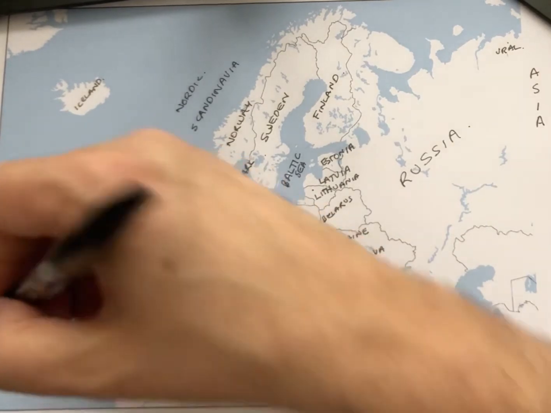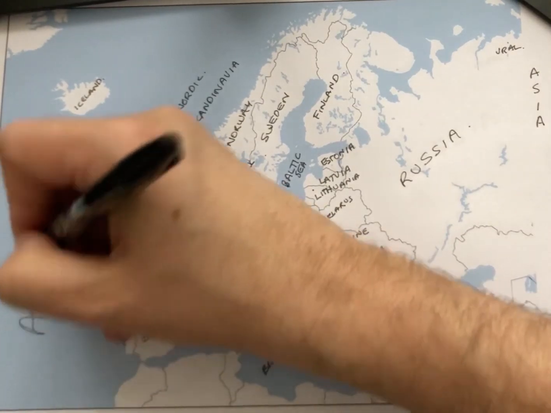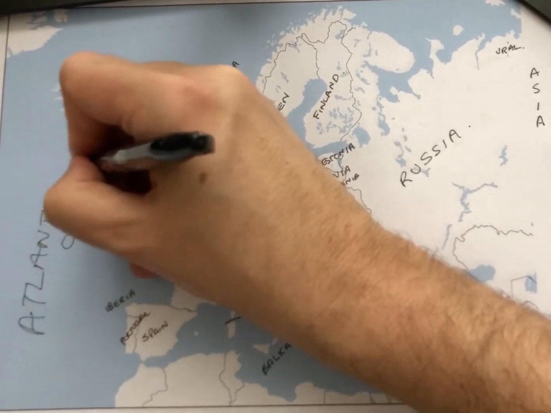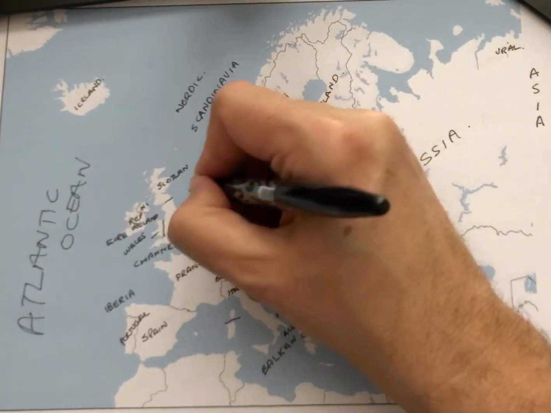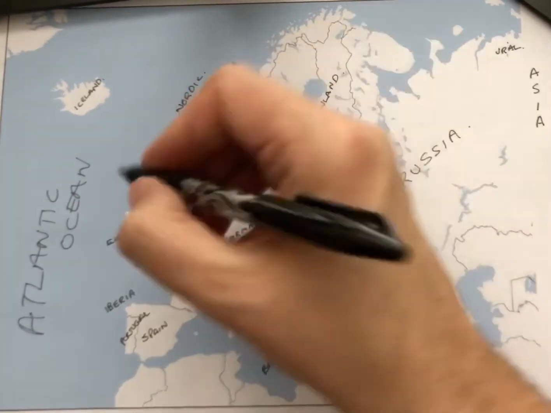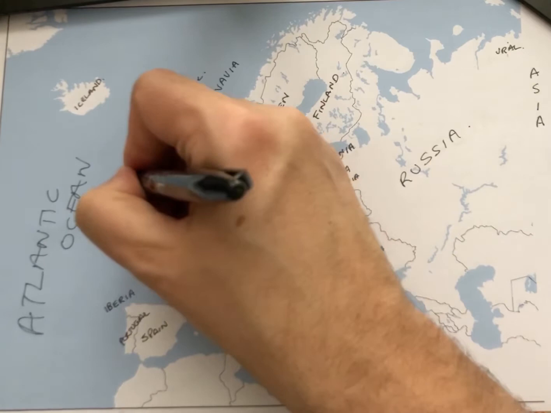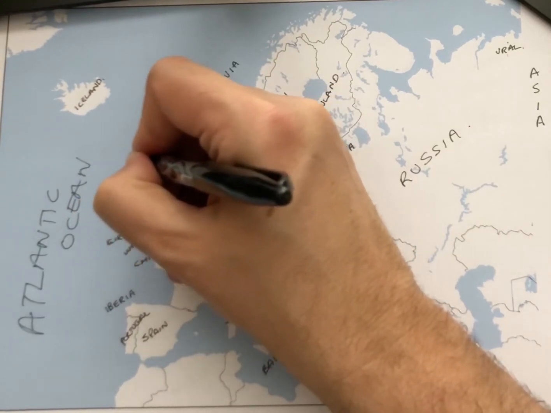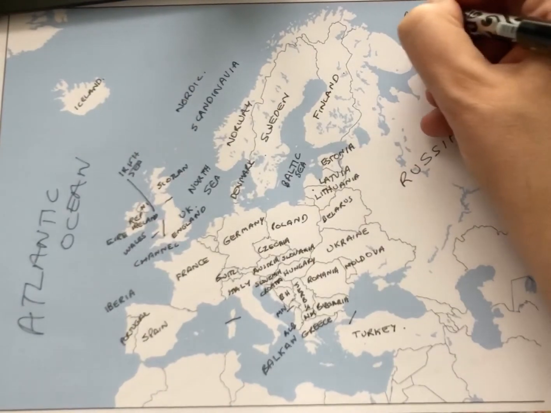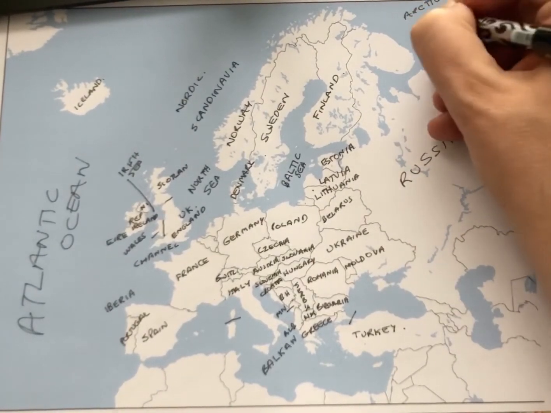We have, up here, let's do a few of the seas. Atlantic Ocean, North Sea. There's a lot of oil in the North Sea. There was more, but we've brought up a lot of it. So here is the Irish Sea. Here we have the Arctic Ocean.